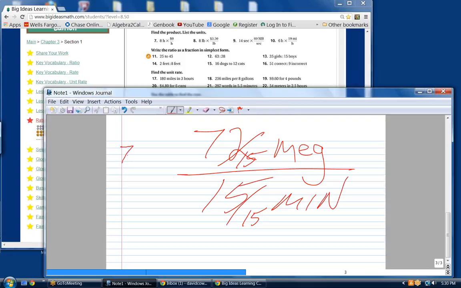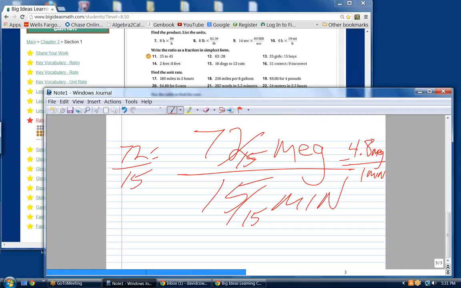So 72 divided by 15, convert that to a decimal. You get 4.8 megs per minute, per 1 minute. And that's what they wanted, the megs per minute ratio.